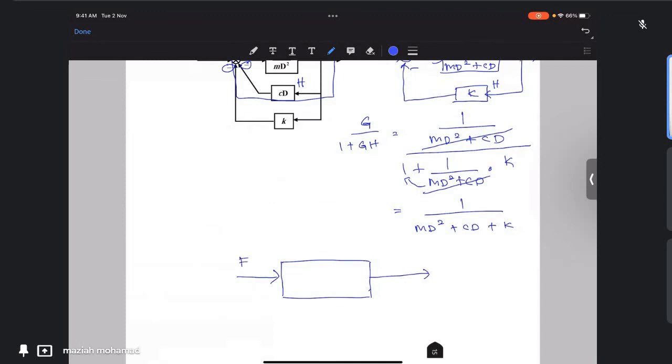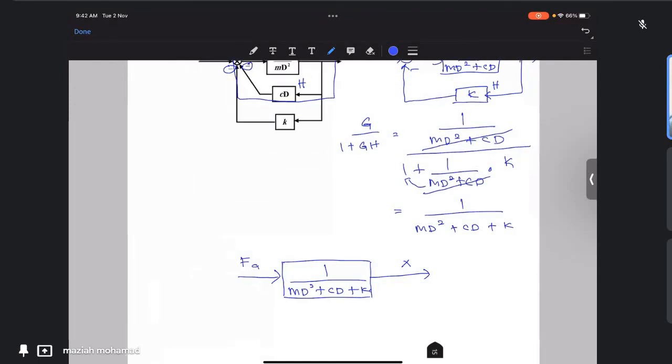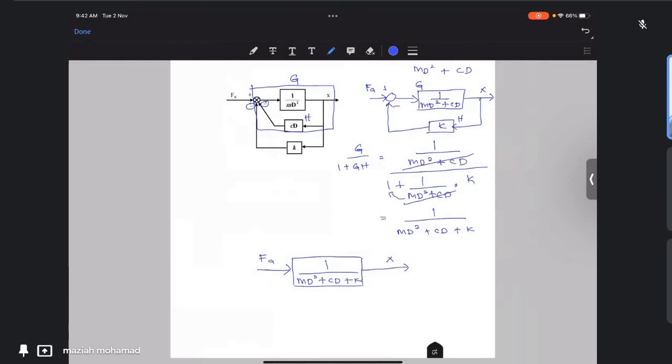You just relate between F and X, which here is 1 over md square plus CD plus K. So that is the final transfer function based on the steps of the block diagram manipulation method. We do it step by step in order to get the final transfer function.